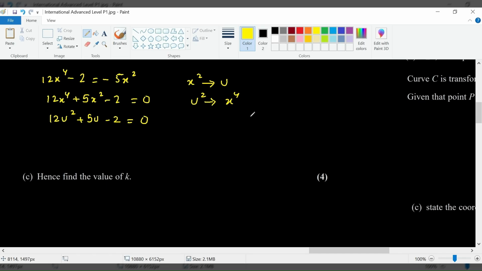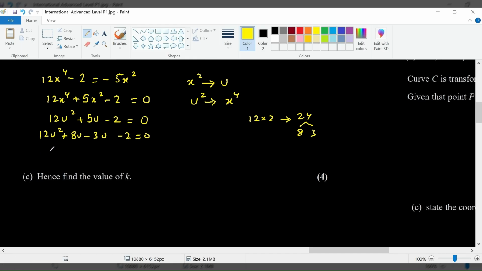As you can see, I have formatted this into the form of a quadratic equation. Now 12 times 2 is 24, and 24 I can factorize by 8 and 3, and plus 8 minus 3 gives us plus 5. So I split the middle term into two parts, plus 8u and minus 3u.